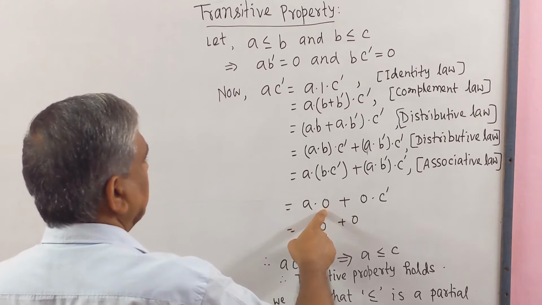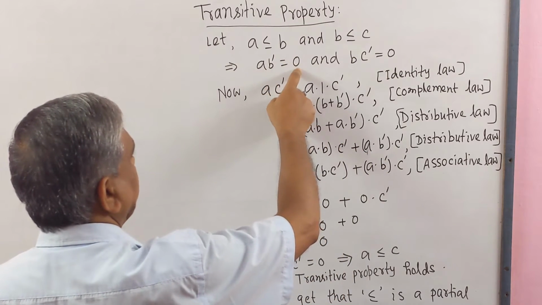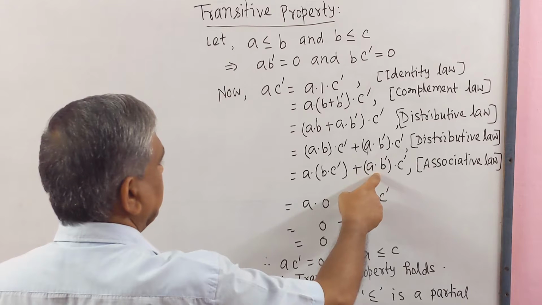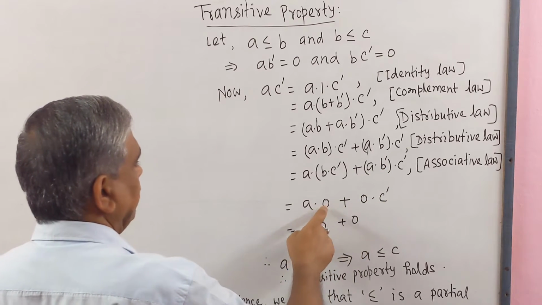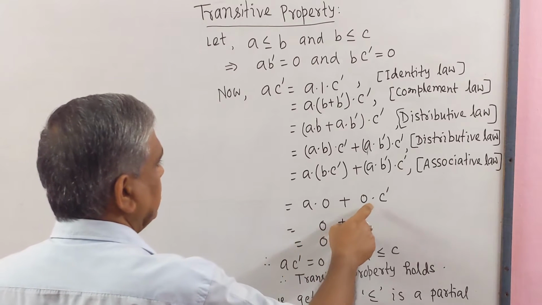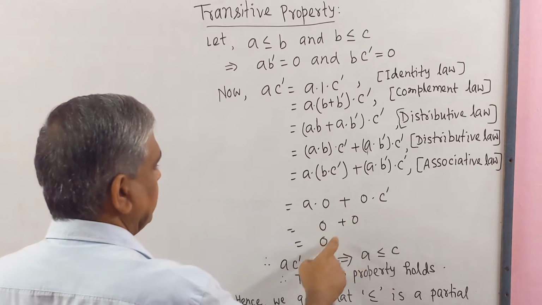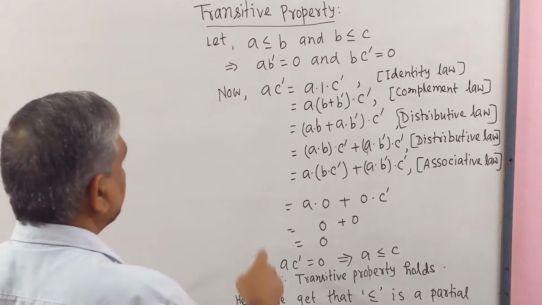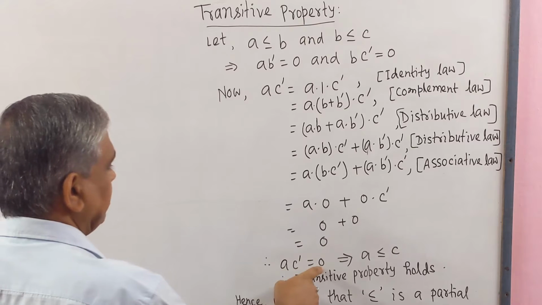And also A dot complement of B equal to 0, so here we also write 0. A dot 0 equal to 0. 0 dot complement of C equal to 0. 0 plus 0 equal to 0. Therefore, we get A dot complement of C equal to 0.